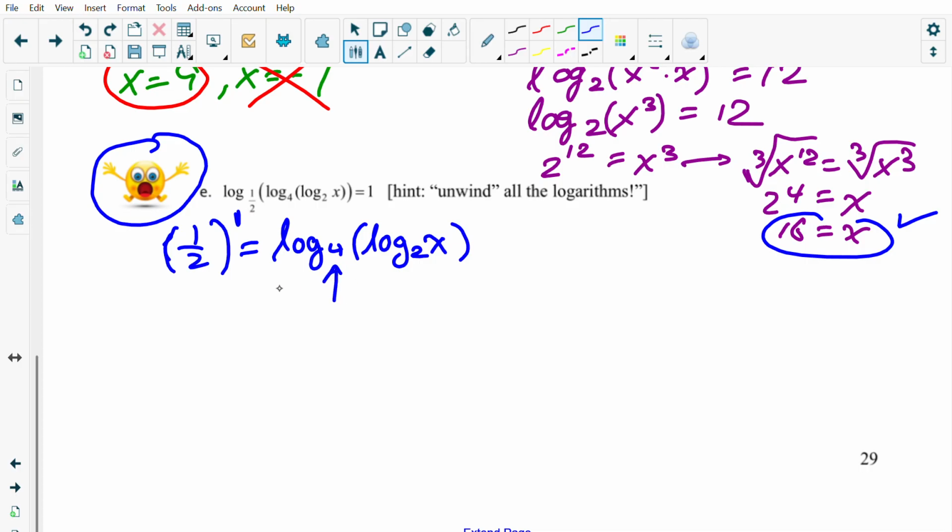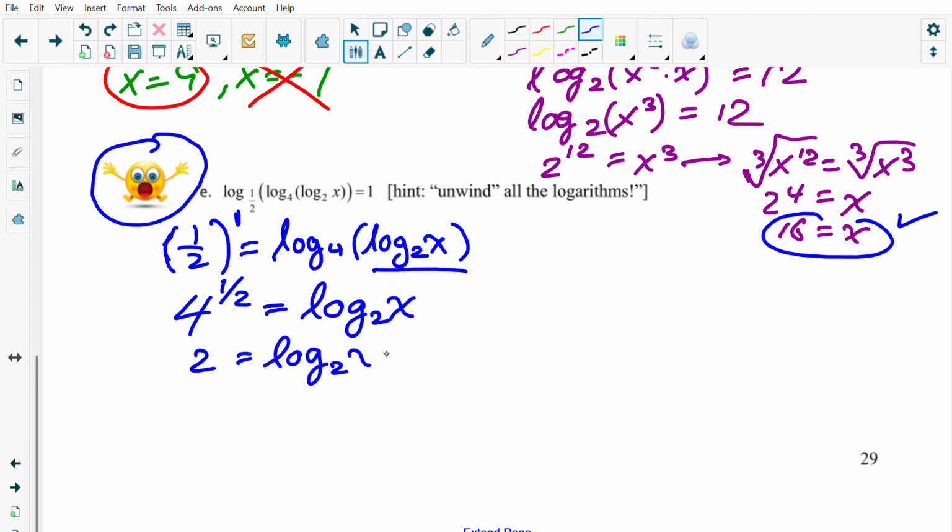Okay, unwind it some more. Here's the base. Now this is the exponent. Here's the argument. So what happens there? Let's unwind it some more. So 4 to the 1/2 equals the argument, log base 2 of x. Okay, 4 to the 1/2 is 2, and that's log base 2 of x.